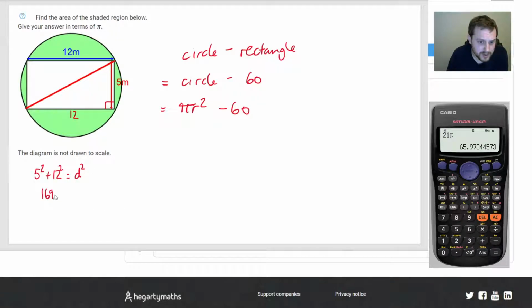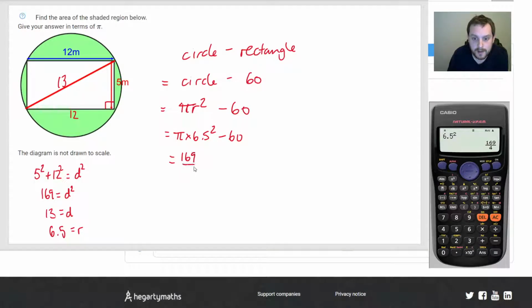So 13 is the diameter, and therefore 6.5 is the radius. So we've got pi times 6.5 squared minus 60, which if I do 6.5 squared, it's 169 over 4 pi minus 60.